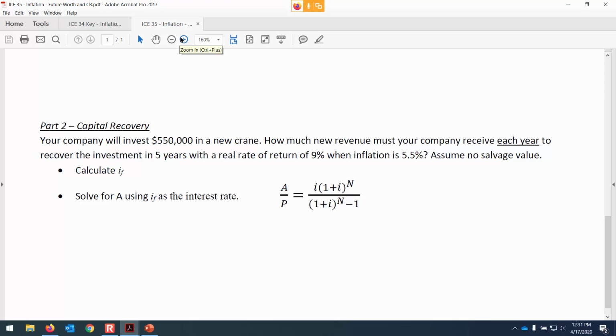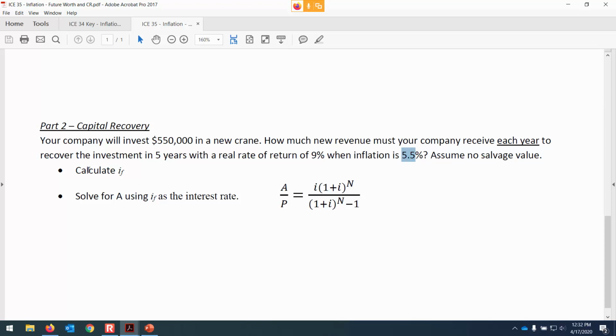Assume no salvage value. This shows how we can account for the fact that the dollars you're earning in the future, paying off this equipment, are less valuable than the dollars you spent to buy the equipment. So we want I of 9% and f is 5.5%.